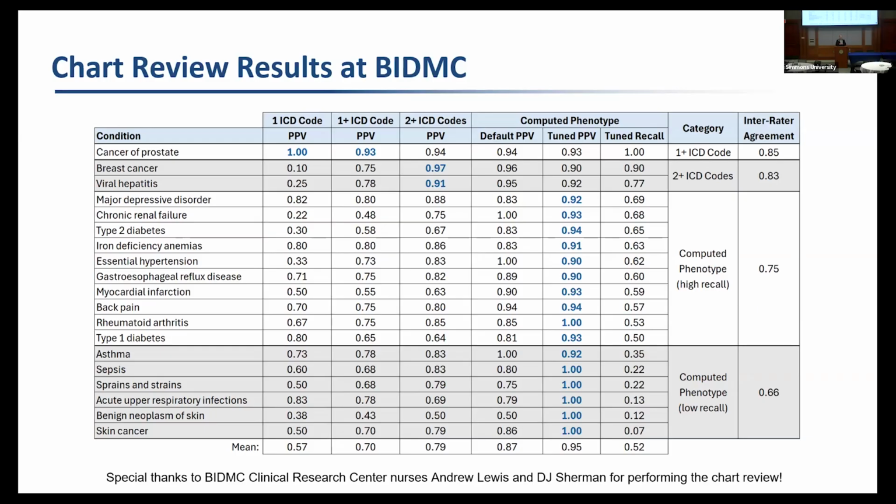I do want to point out again that not all conditions are the same. For prostate cancer at Beth Israel, a single code works great. You don't have to do anything. Just point people to the raw diagnosis code, and pretty much everyone who has the code is going to have that condition. Breast cancer is interesting. Of patients with a single code for breast cancer, 90% of them don't have breast cancer.